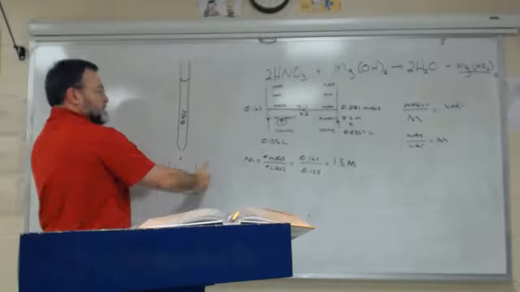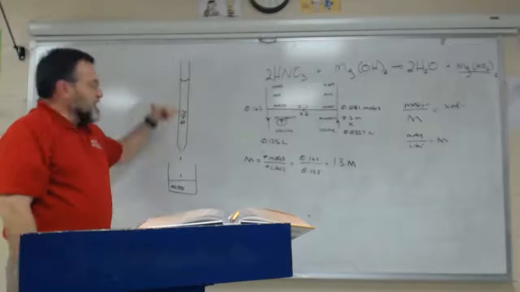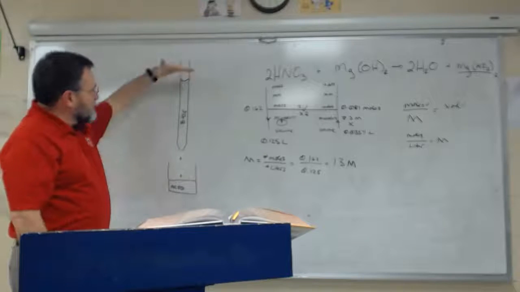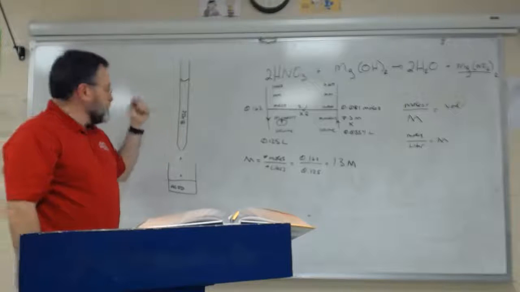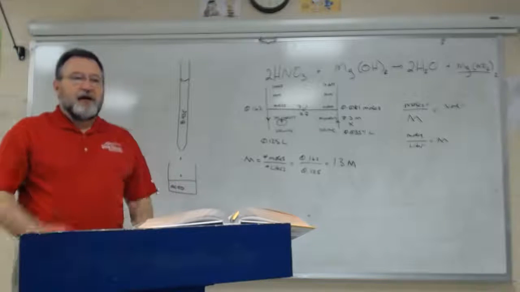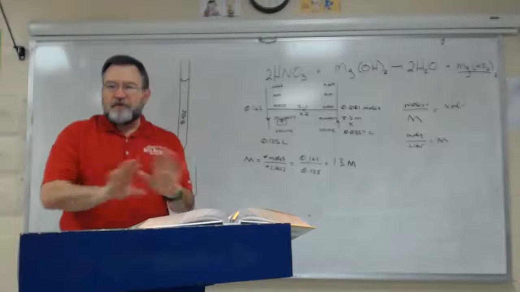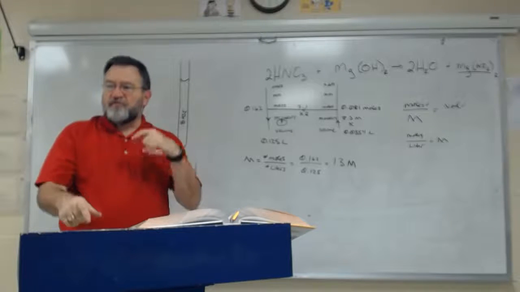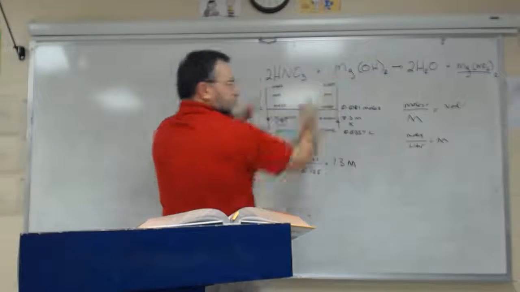Well, I don't know, but I do know the concentration of the base. And I started with pure acid and a certain volume of base, and I drip the base into the acid until I get to the place where there is exactly the correct number of acid molecules to base molecules in the relationship here of 2 to 1.